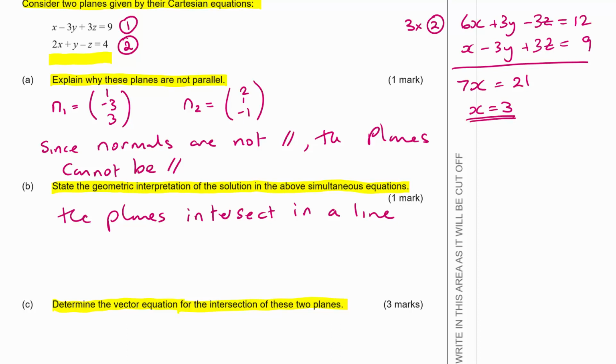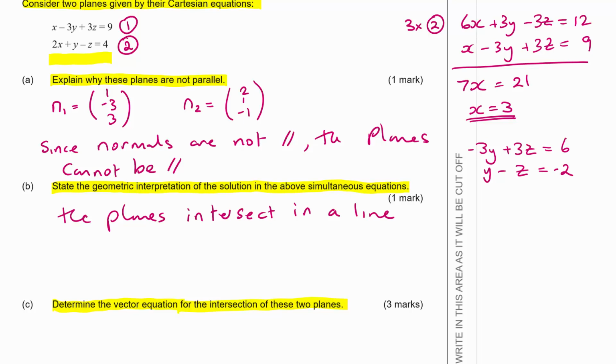And using that, we can then turn the equations into -3y + 3z = 6, and y take away z. So if x is 3, that would be -2.